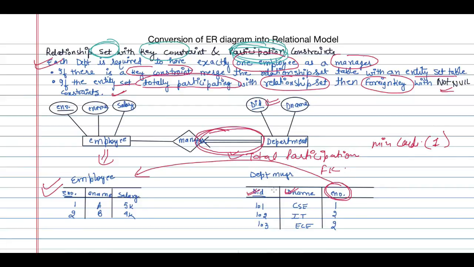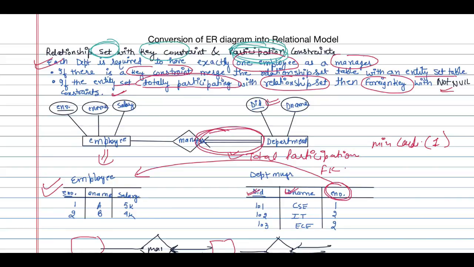Okay, see guys, there's a difference between writing a relationship like this, it is manages, and a relationship like this. What is the difference? You can see from this side this entity is having the maximum cardinality as M, and this entity is having the maximum cardinality as 1, right?